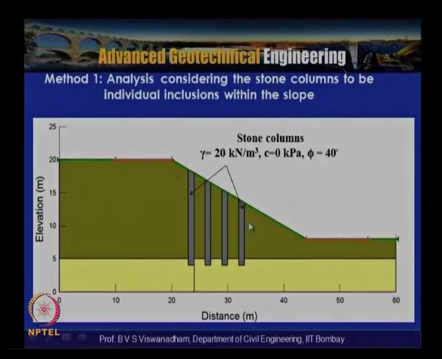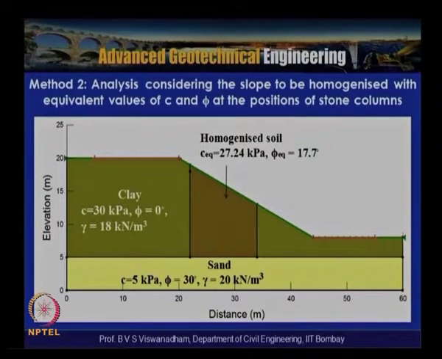This is the zone strengthened by the stone columns. In method 2, the slope is homogenized with equivalent values of C and phi: the rest of the portion has the properties of soil, but in this zone the equivalent properties, C equal to 27.24 kilopascals and phi equivalent of about 17.7 degrees, were given.